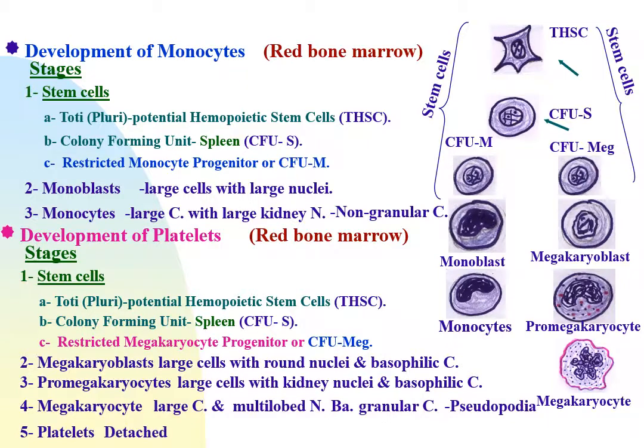Platelets are detached pseudopodia from megakaryocytes containing remnants of membranous and non-membranous organelles. The granulomere of blood platelets contains remnants of membranous organelles like mitochondria, ribosomes, and lysosomes.